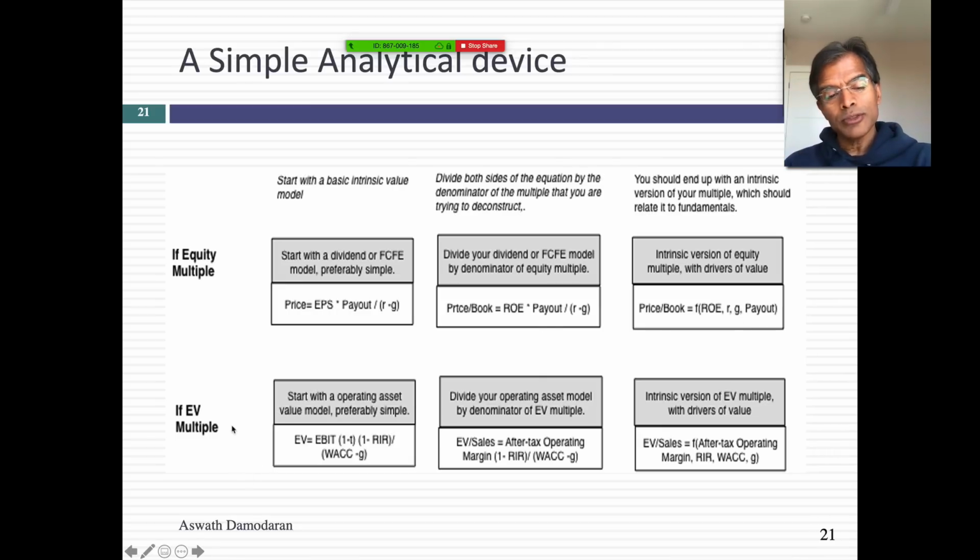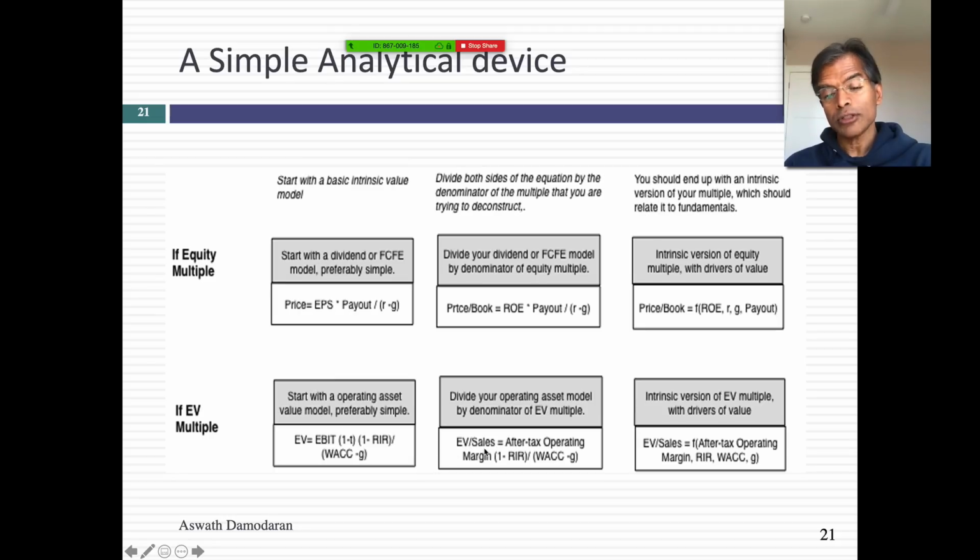If you have an enterprise value multiple, go back to the simplest enterprise value model you can think of, which is stable growth free cash flow to the firm. Remember, free cash flow to the firm can be written as EBIT times 1 minus T, after-tax operating income, times 1 minus the reinvestment rate. This is the simpler version of free cash flow to the firm divided by cost of capital minus the growth rate. So if I want to get EV to sales, I divide both sides of that equation by sales.